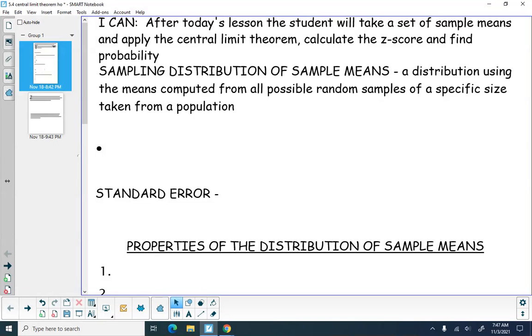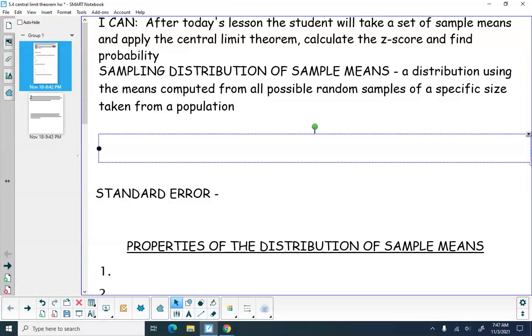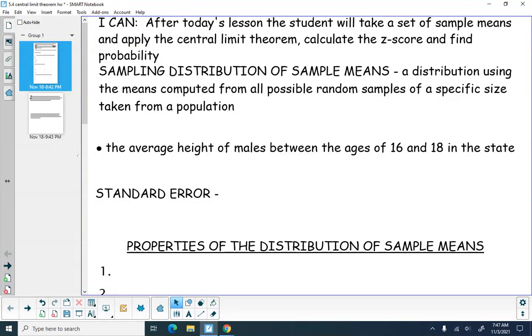In essence, if we go back to our initial idea of a sample and a population, when we first started the class, I posed this situation as a way of creating the idea of sample and population.